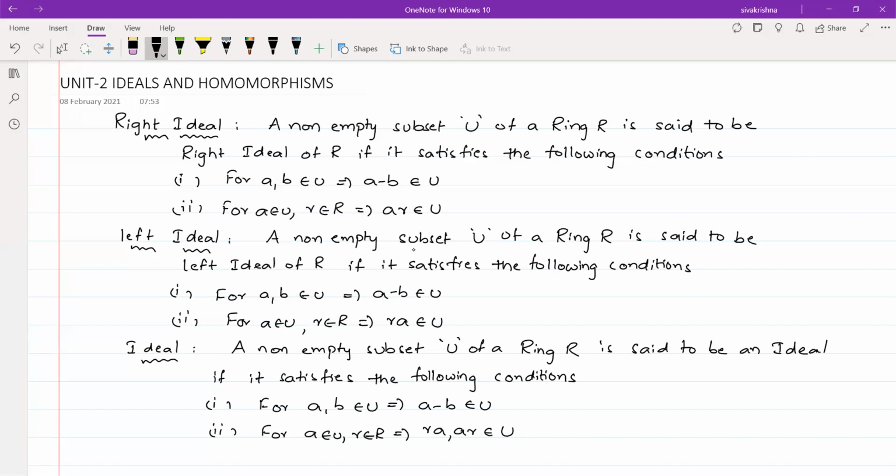And ra, here the element from the ring capital R is on the left side of the element small a, so we call this ideal a left ideal. And if these two conditions, ra and ar, are satisfied together, whenever these two elements belong to capital U, we say that non-empty subset capital U is an ideal of capital R. Okay, so this is about ideal, right ideal and left ideal.